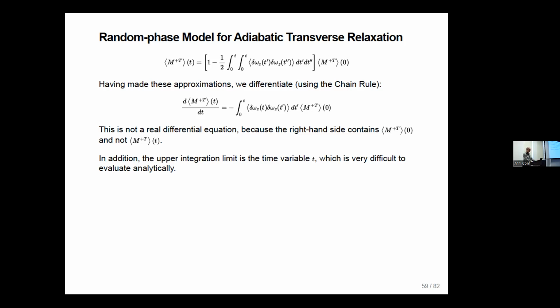For times much longer than the correlation time, the average of the product becomes the product of the averages. And again, what's the average of delta omega z? 0. So at times longer than the autocorrelation time, the integrand becomes 0.